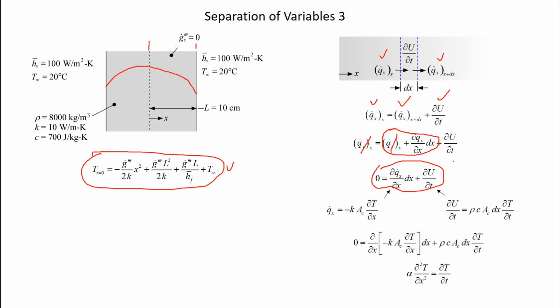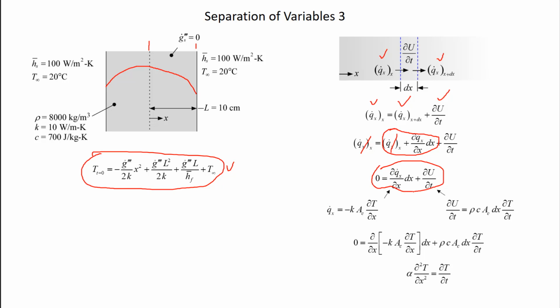You don't balance temperature, you balance energy. This basically says that the rate of conduction heat transfer in the x direction isn't constant, and the reason it's not constant is that energy is going to be stored. Which makes sense.